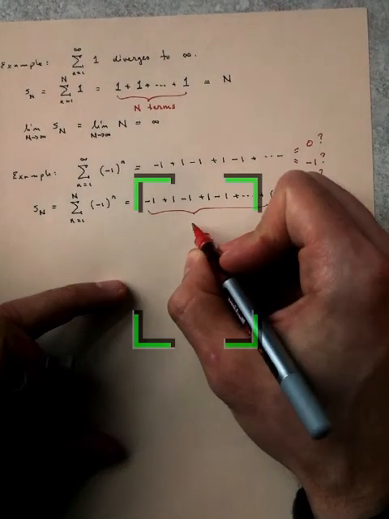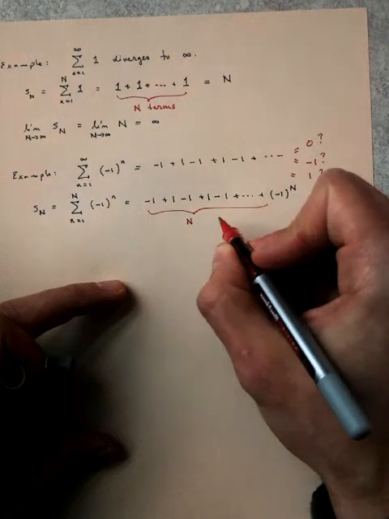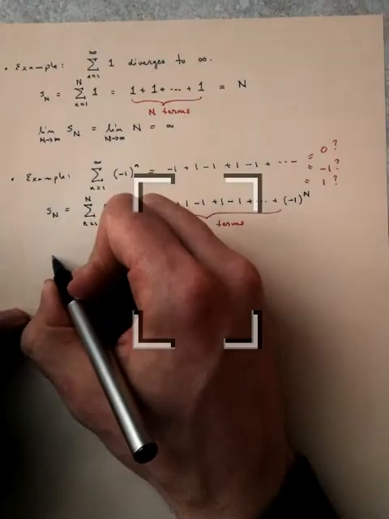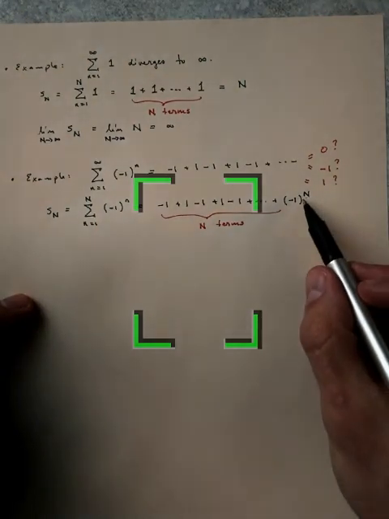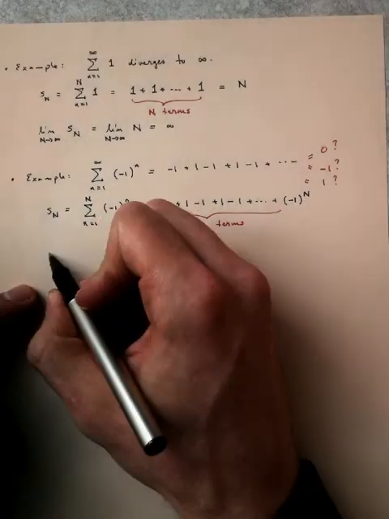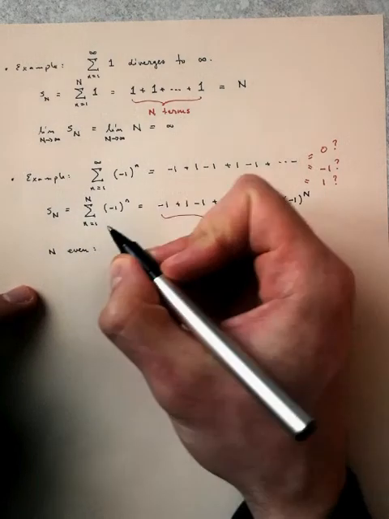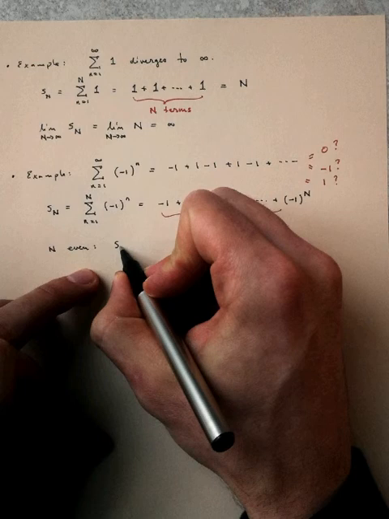This has n terms again, right? So I think you can see that if n is even, all these terms will cancel out, and I'll get that Sn is 0.